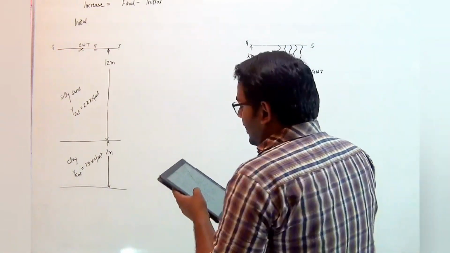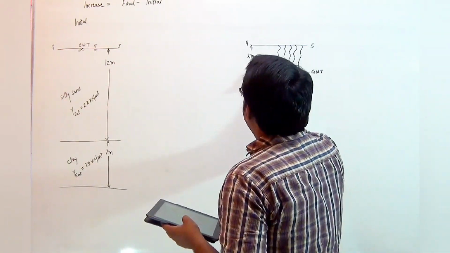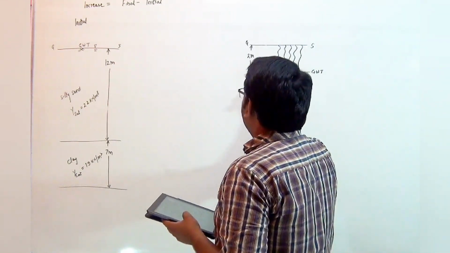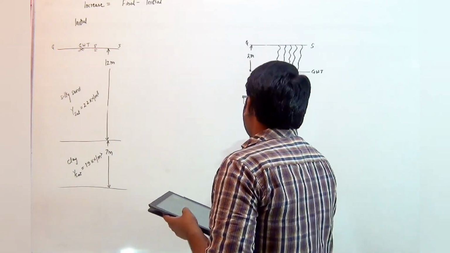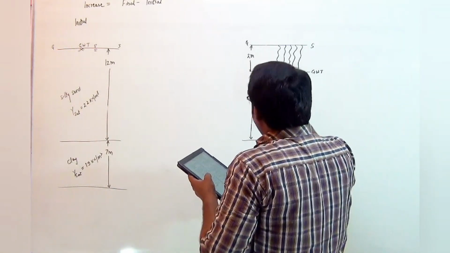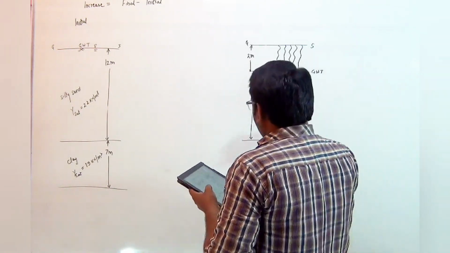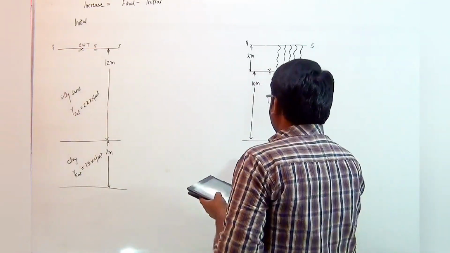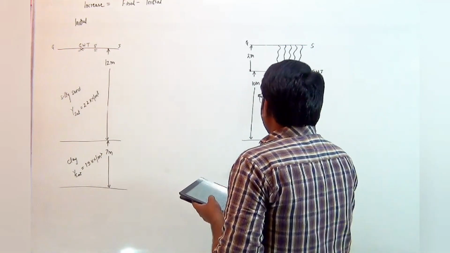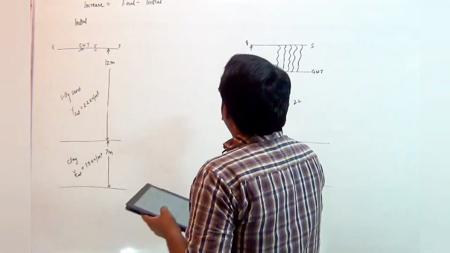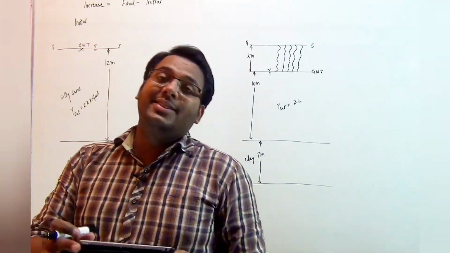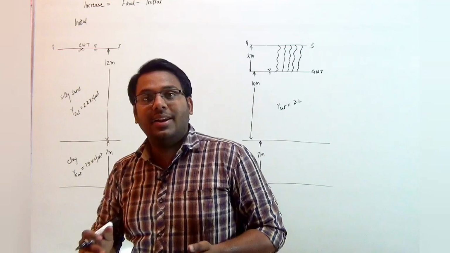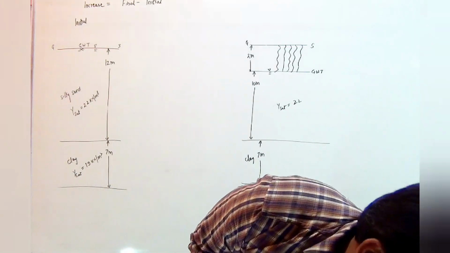After that, it is given that for the next 10 meter there is a sand layer, for gamma saturated equal to 22, and after that clay is present. Clay is again of 7 meter. So these are the two soil cases. First one is the initial and second one is the final.